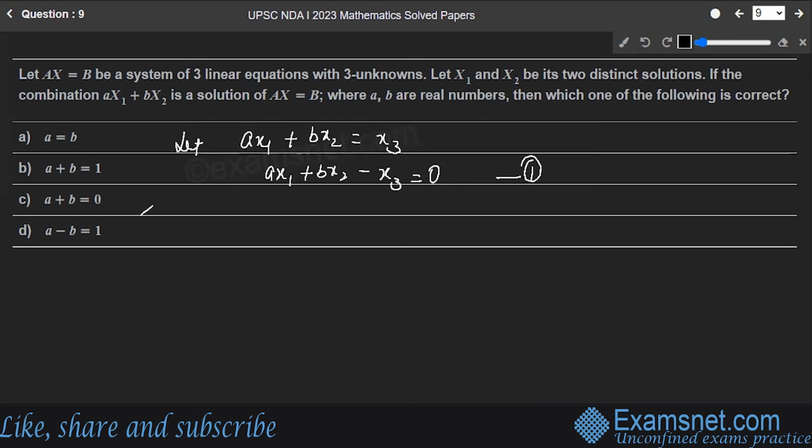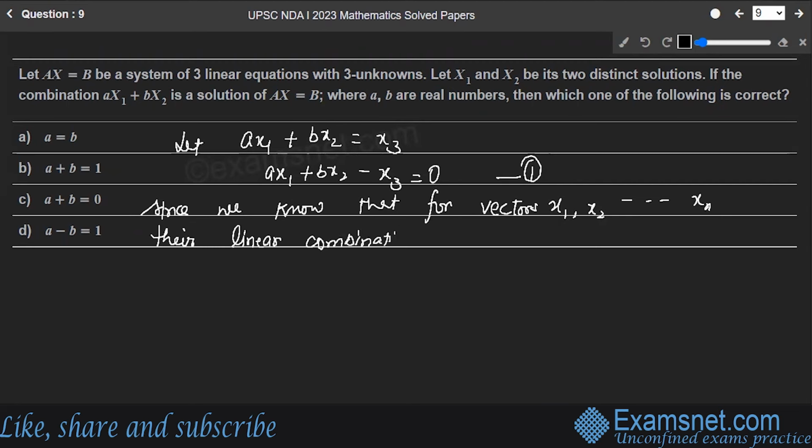Since we know that for the vectors x1, x2, x3 till xn, their linear combination will be a1 x1 plus a2 x2 plus a3 x3, so on till an xn.